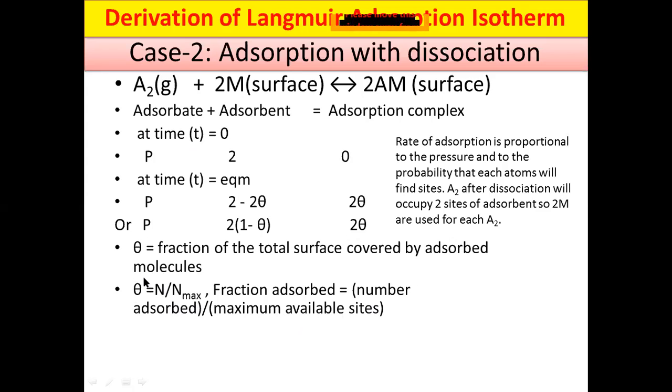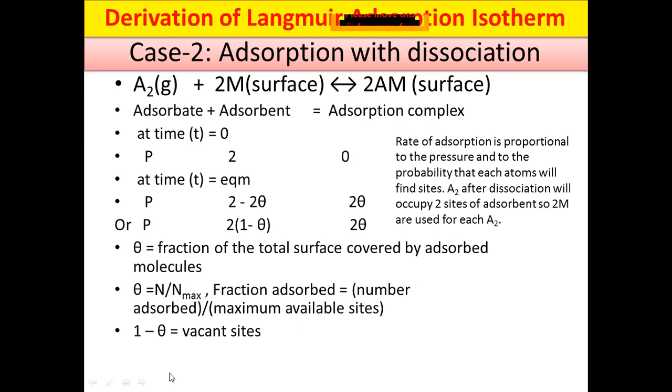So the maximum fraction will be 1, when let's suppose all 100 sites are available and 100 sites are occupied with the adsorbate, so 100 divided by 100 will be equal to 1. So the maximum value will be 1.